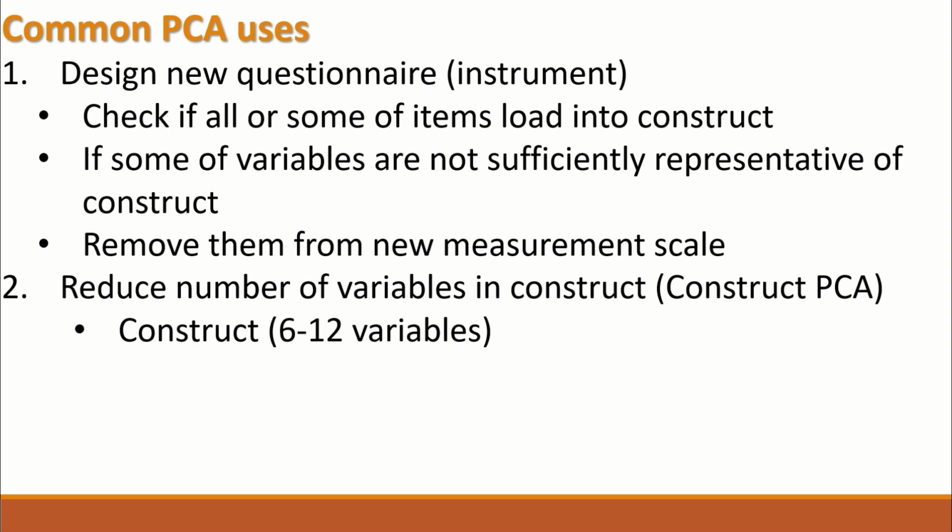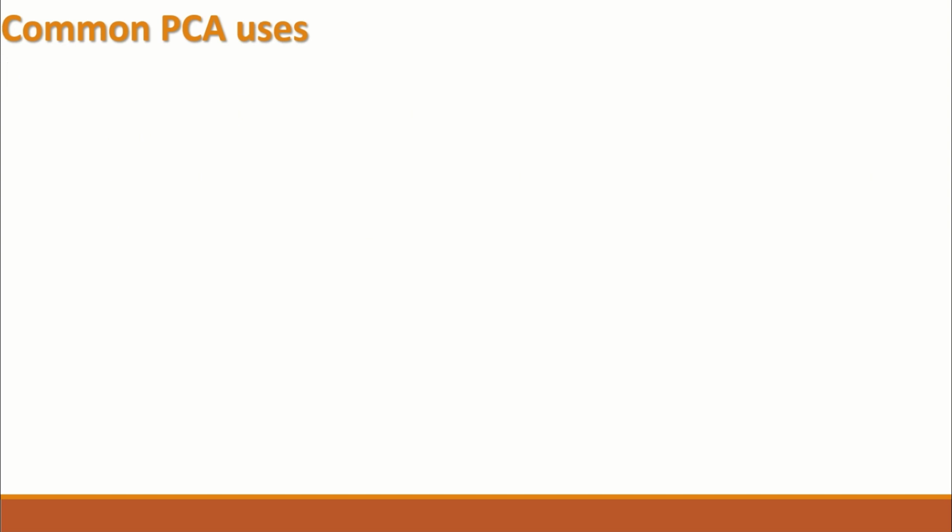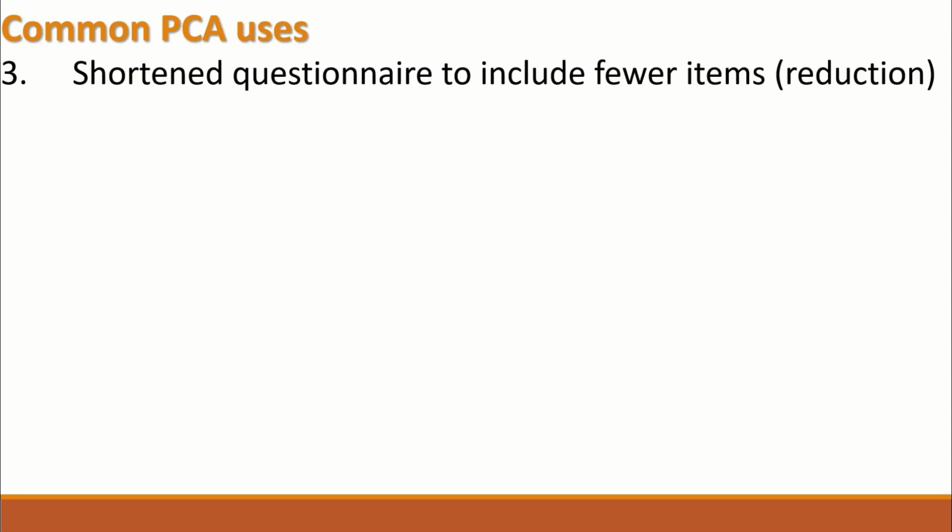If a construct consists of, let's say, up to 12 variables, then PCA can be performed to find out what variables within that construct, which is part of the questionnaire, are highly correlated and represent the construct. The third use of the PCA is to shorten questions to be included in the questionnaire.